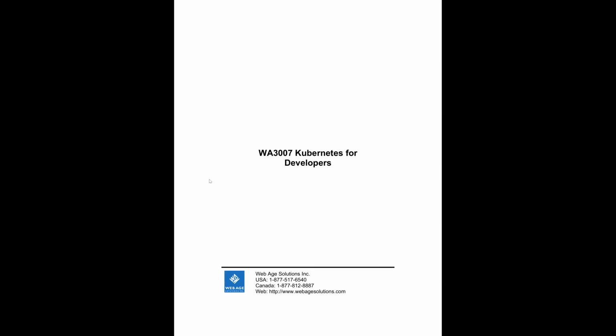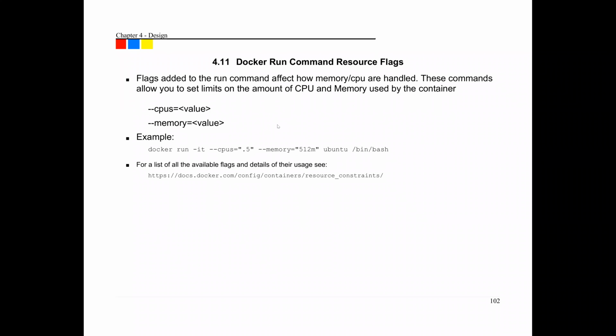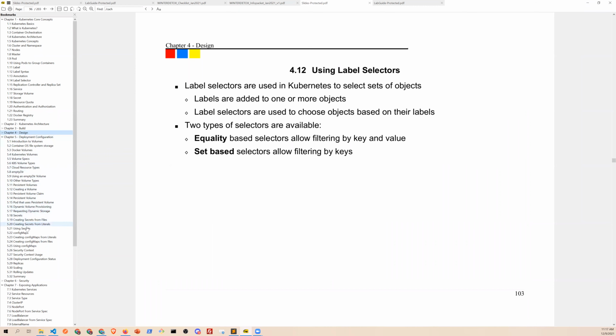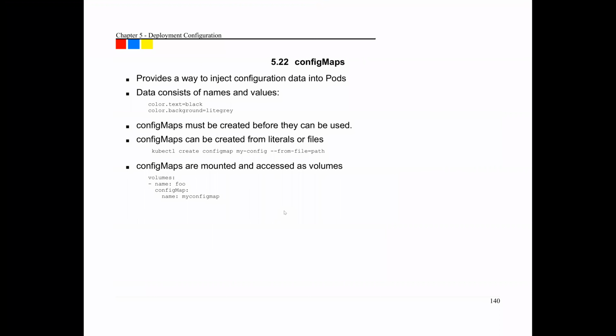Mm-hmm. So how do we ensure the ordering? Let us say you want to use GitOps, and all your YAML files are there. How do you ensure the ordering, or does that matter?